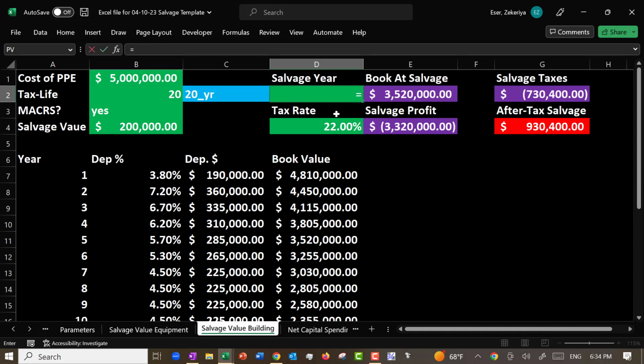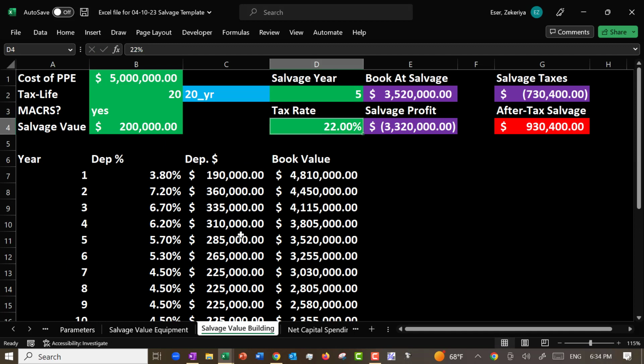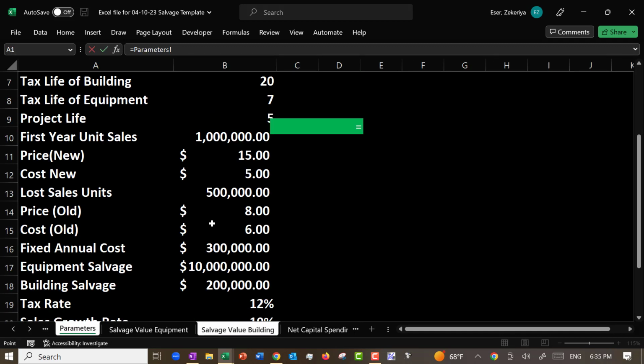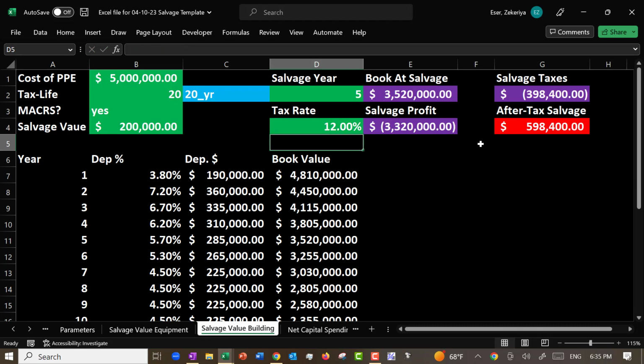This is why I color code stuff, because I immediately know what my inputs are. Okay. In this case, I actually sold things at a loss. Here I sold them at a profit.